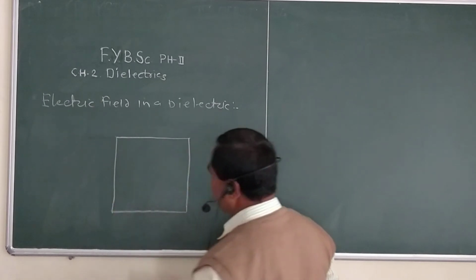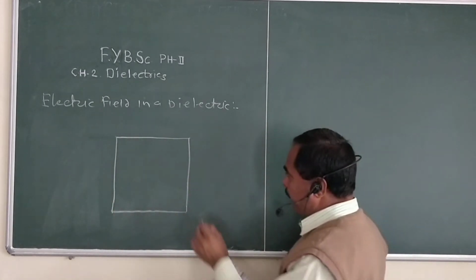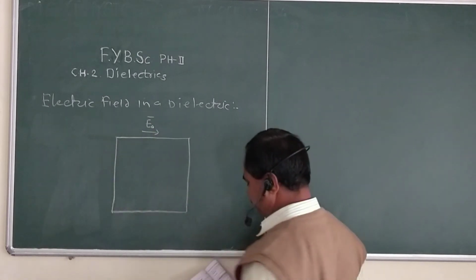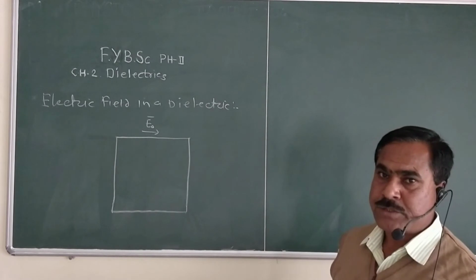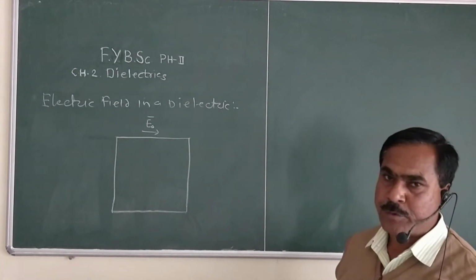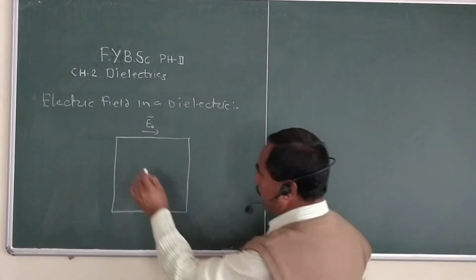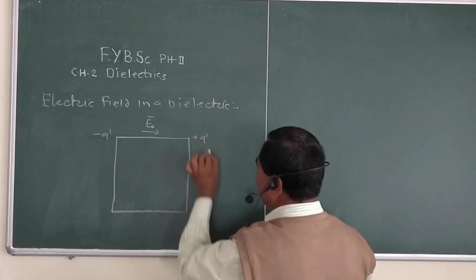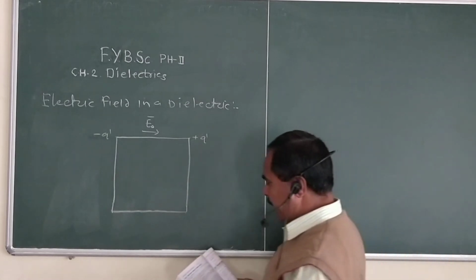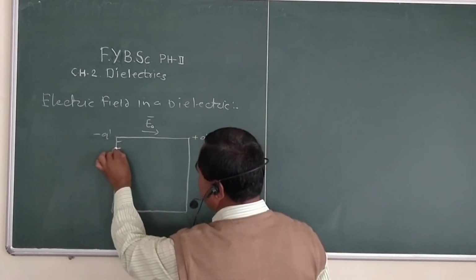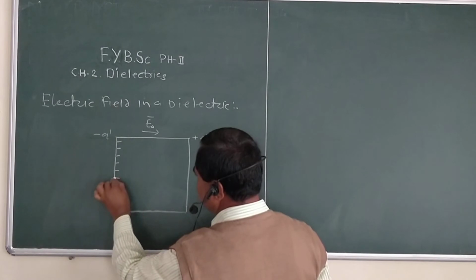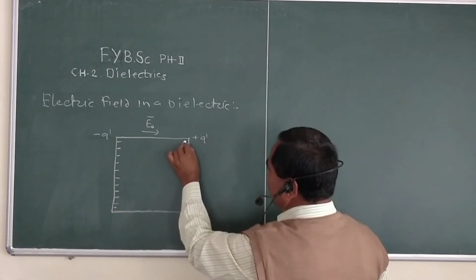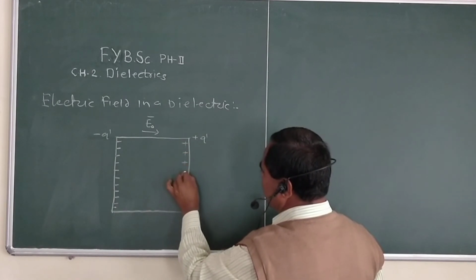So we consider here a dielectric material, and when it is placed in an external electric field E naught bar, then charges are induced on opposite surfaces of the dielectric material. So here is minus Q dash charge and here is plus Q dash charge. Okay, and these charges are denoted by minus sign on one face of the dielectric material, and plus charges on the other surface.